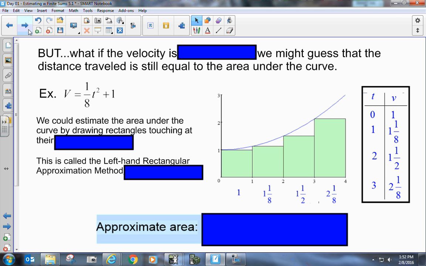But what if the velocity is not constant? What if it's not constant? We might guess that the distance traveled is still equal to the area under the curve, but now it's not just a nice, neat little rectangle. So why don't we just draw nice, neat little rectangles and figure out their areas?